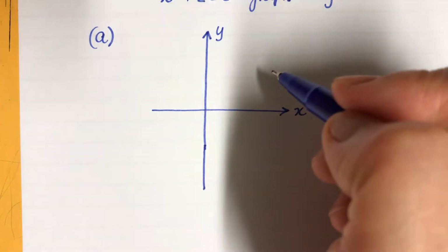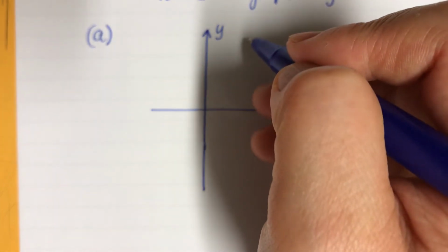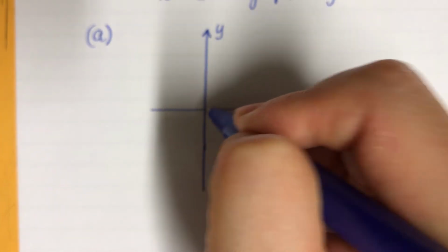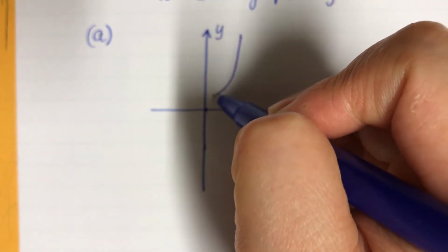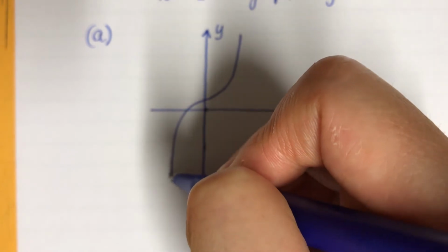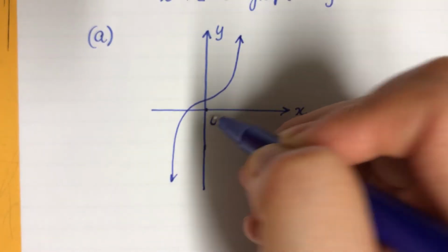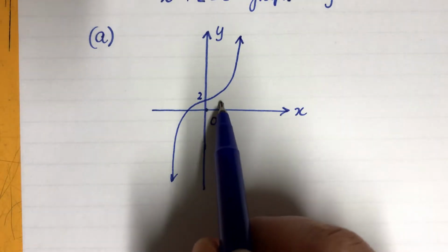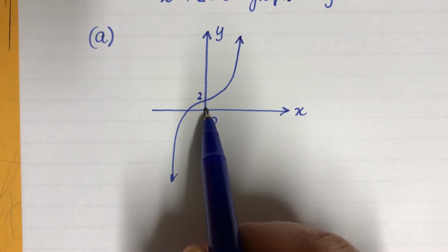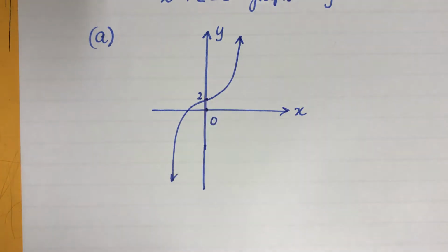Okay, so here it is. It's going through 0, but it's gone up by 2, right? So it'll look something like this. From 0, and it's 2 right there, because it pushed up by 2. From 0, pushed up by 2.